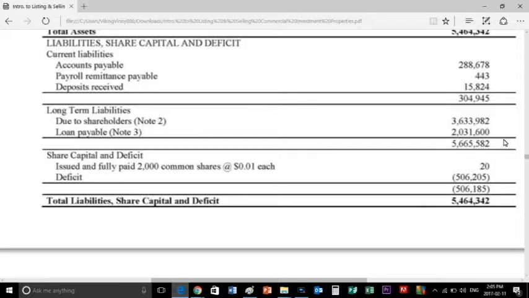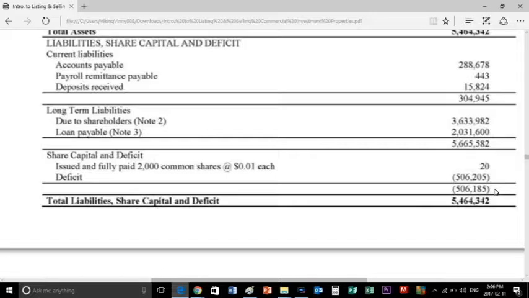You add all the long-term liabilities, the due to shareholders and loan payable. 3.6 plus 2 is equal to 5.6. So, $5,665,582. Then we have the share capital and deficit. So issued and fully paid 2,000 common shares at 1 cent each. So we've got $20. So the deficit is minus $506,204.